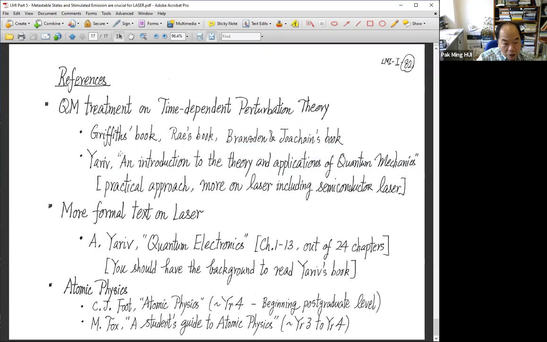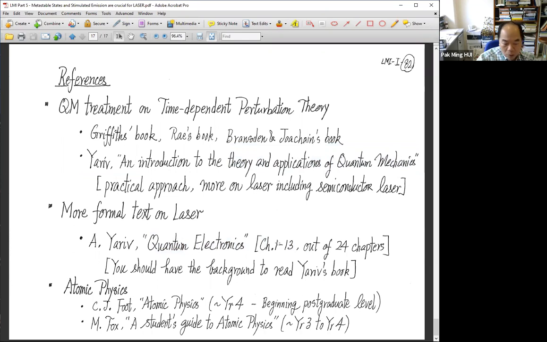Yariv is famous for his contribution in lasers, in quantum electronics. A more formal book by him, again, is Quantum Electronics. There are 24 chapters. I think you can conquer the first half readily after this module, okay?